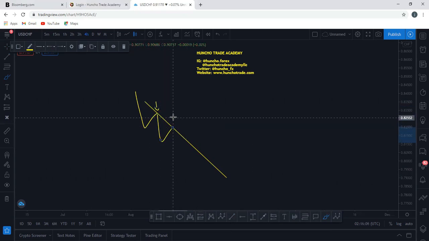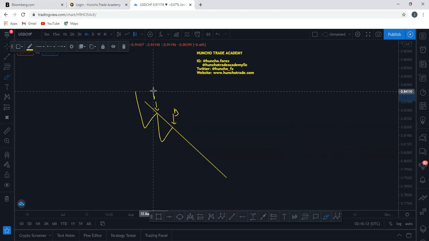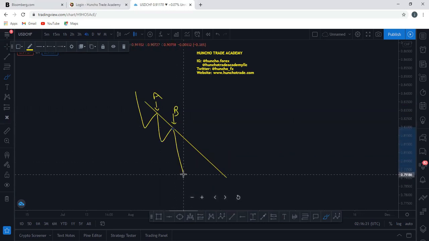Then you wait for point B. So this is point A, you understand? Then this is point B. Then they will tell you that you have to sell at point B, right? Whatever. But that's not the fact.